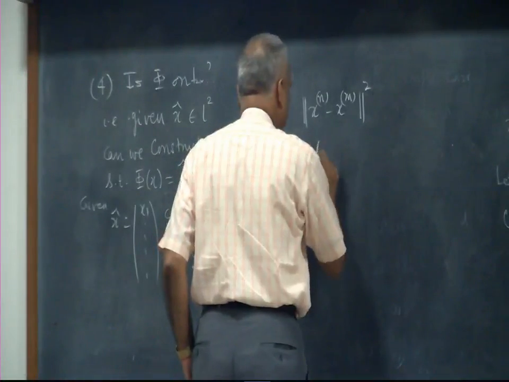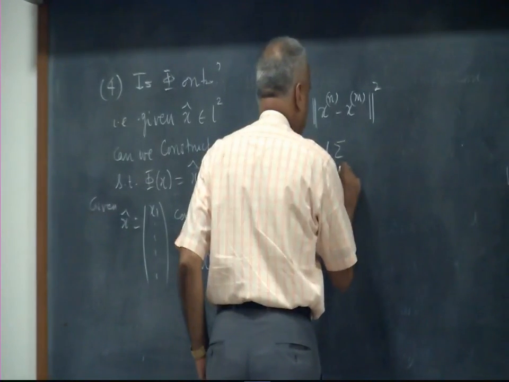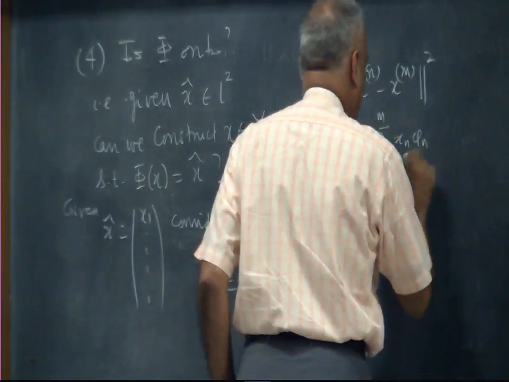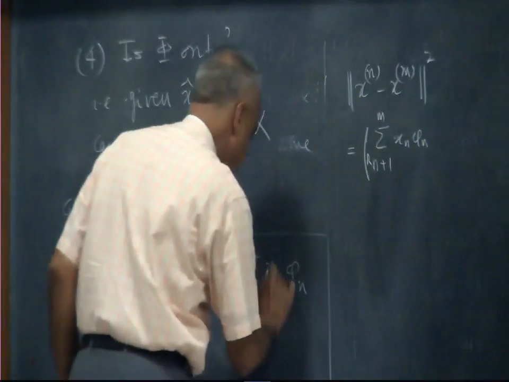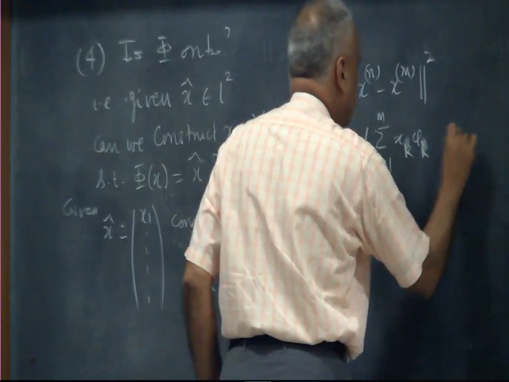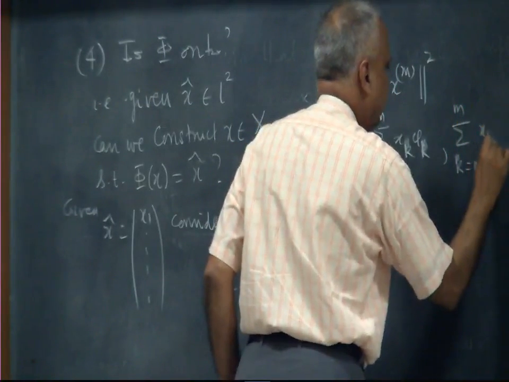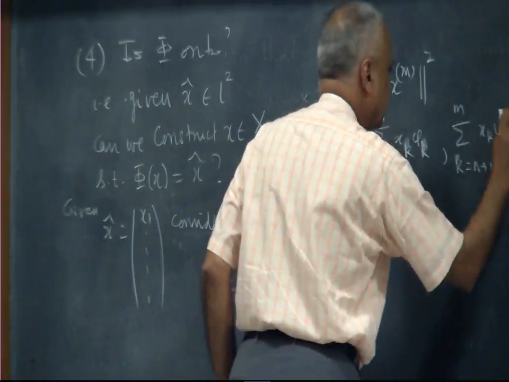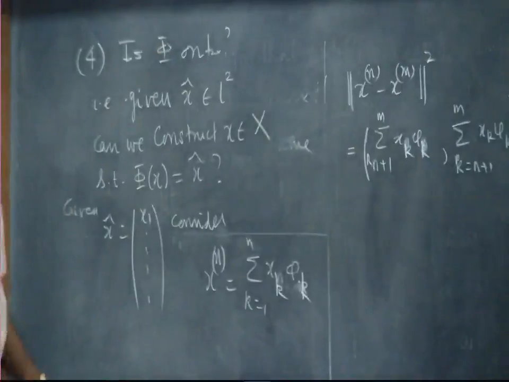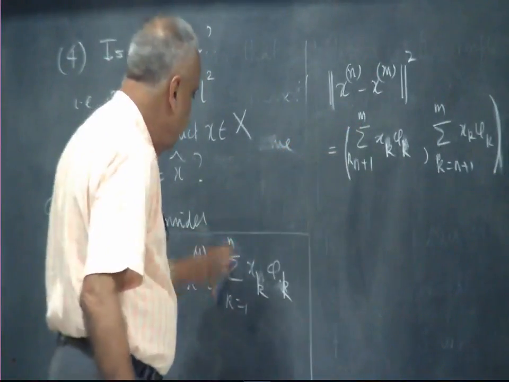Because the n one will stop at n, the m one will go up to m.